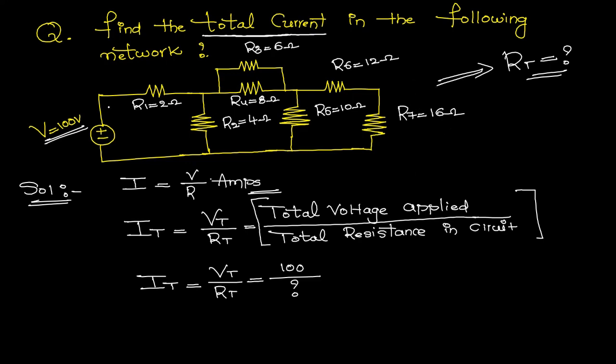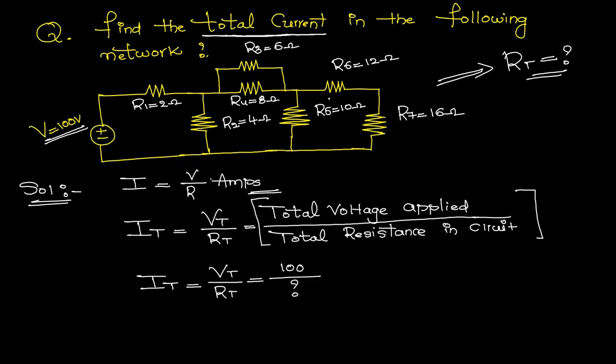Because if you start the calculation from the left side when the voltage source is on the left, it is not possible to find the total resistance. That is the reason why, if the source is connected on the left side, you start reducing or calculating the total resistance from the right side.